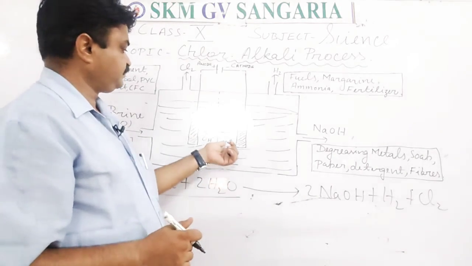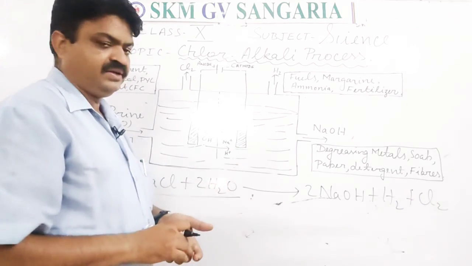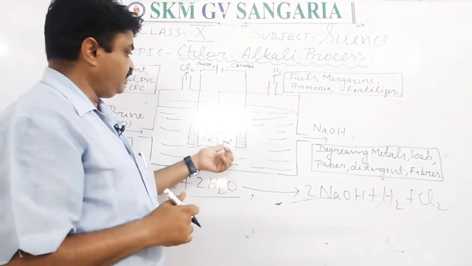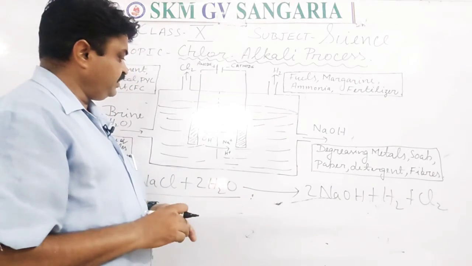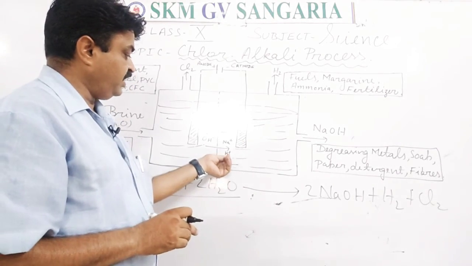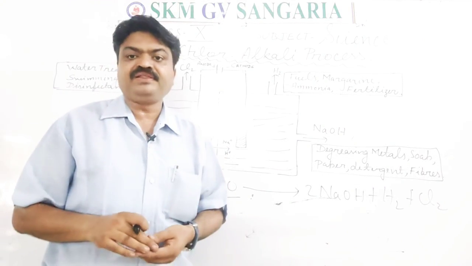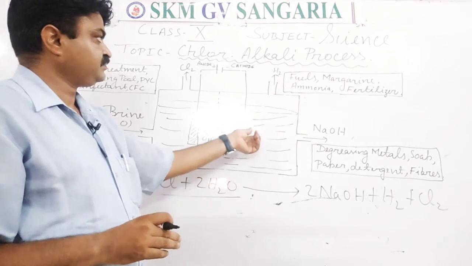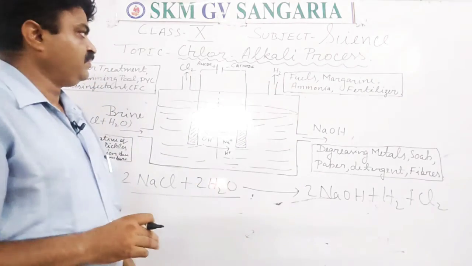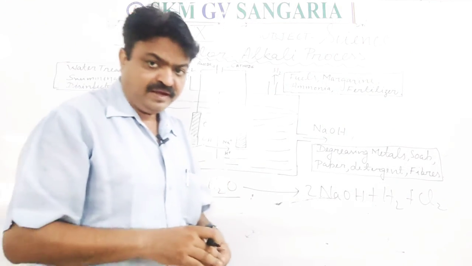And the sodium ions of the brine move towards the cathode. And the hydrogen ions that are found in the water also move towards the cathode, student.